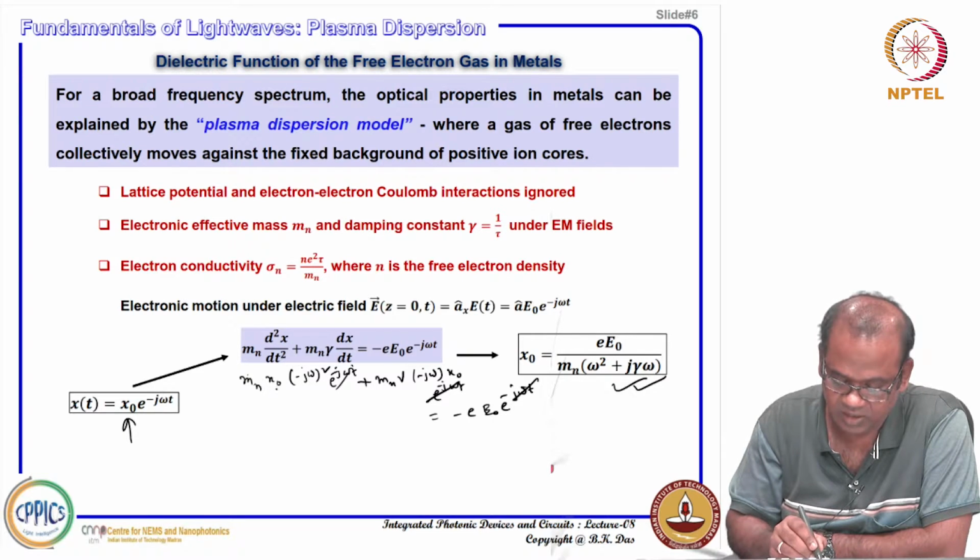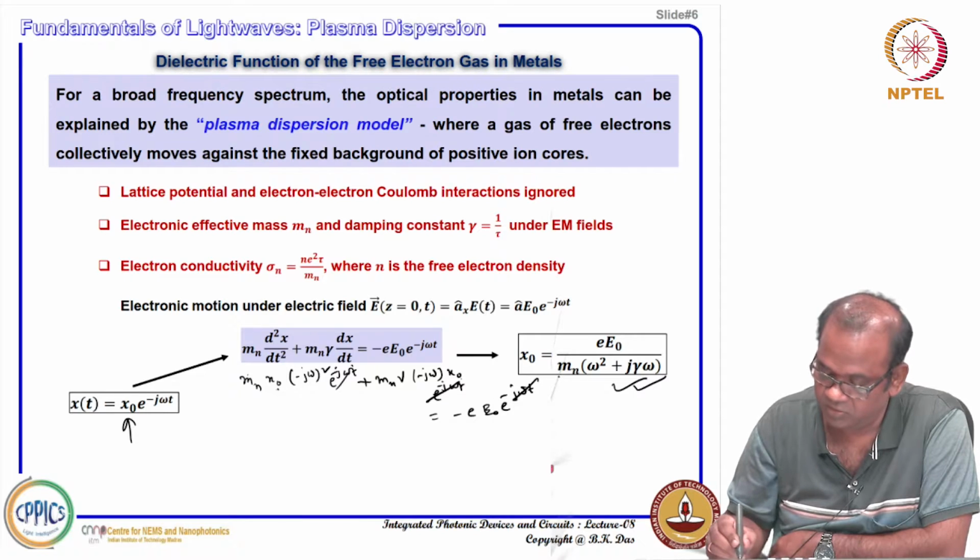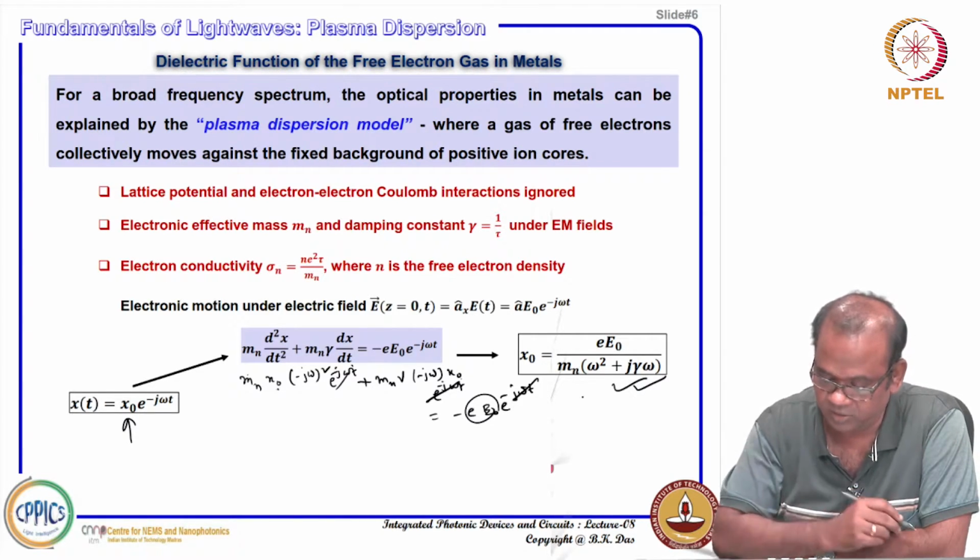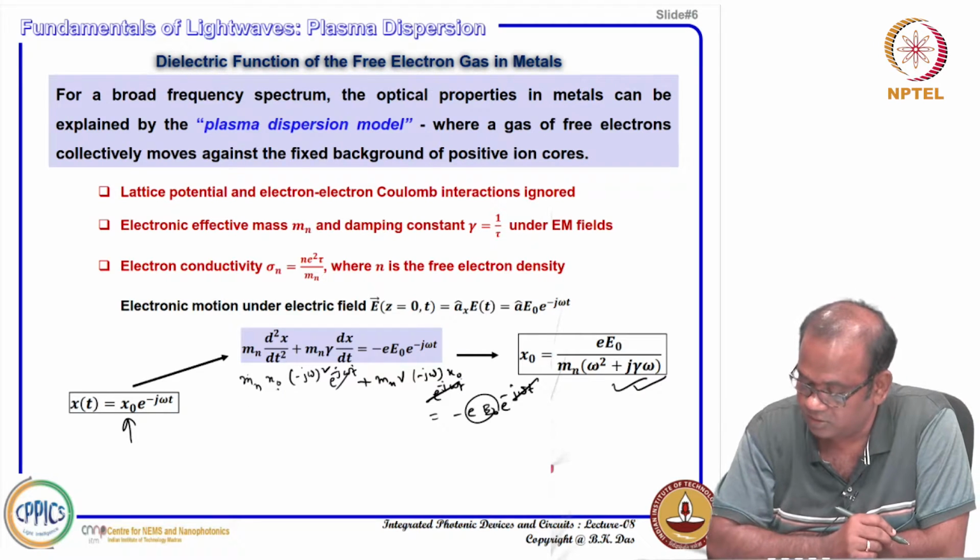So, I can find the x0 value here: x0 equals E0 divided by this expression, and the minus sign cancels.